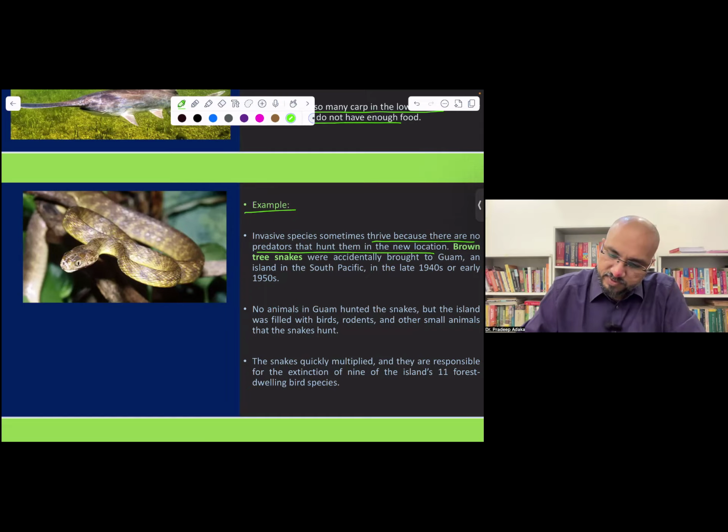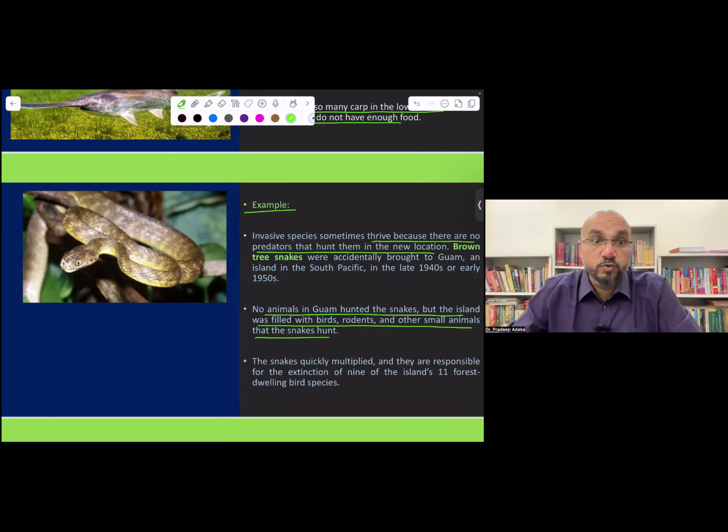Brown tree snakes were accidentally brought to Guam in the 1940s and 50s. No animal in Guam hunted the snakes, but the island was filled with birds, rodents, and other small animals, which were food for these brown tree snakes. So the snakes multiplied very quickly, and they were responsible for the extinction of 11 of the forest dwelling bird species on that island. So this is another example.